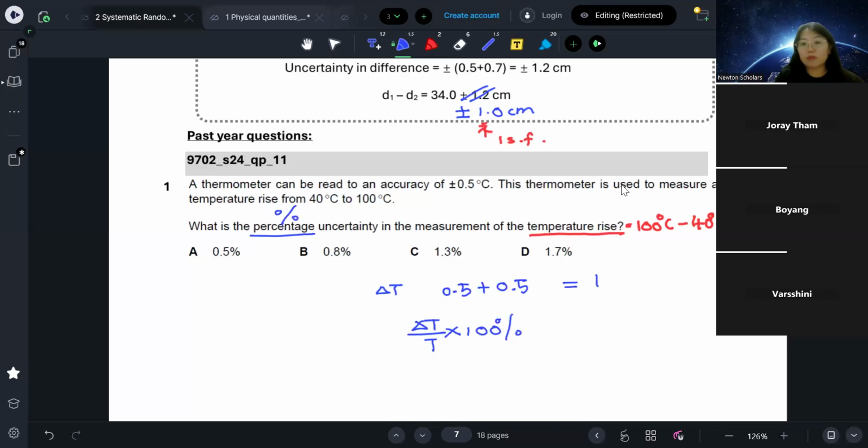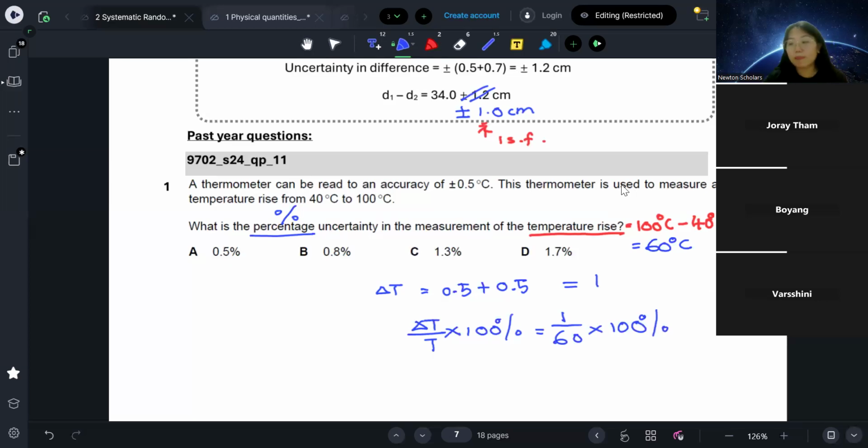We need to form the fraction first, then times 100%. So here, it is 1 over the actual reading for the temperature rise, which will be 60 degrees Celsius, right? So 1 over 60 times 100%.